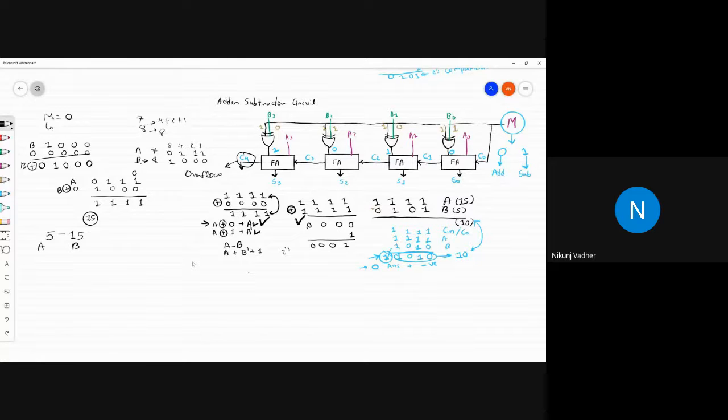First we write A and B in binary. 5 is 4 plus 1, so A will be 0 1 0 1, and B is 15, so 1 1 1 1. Now we want to perform subtraction, so the value of M will be 1. Let's perform B XOR 1, which means all 1s.